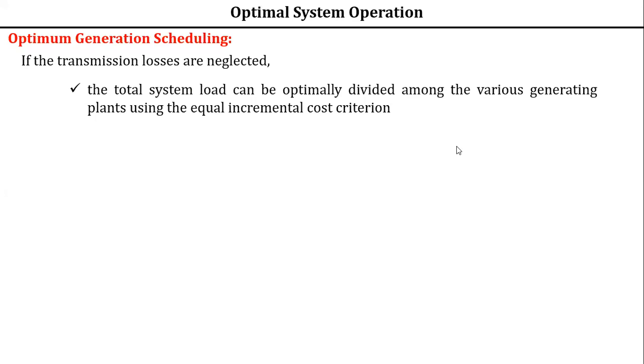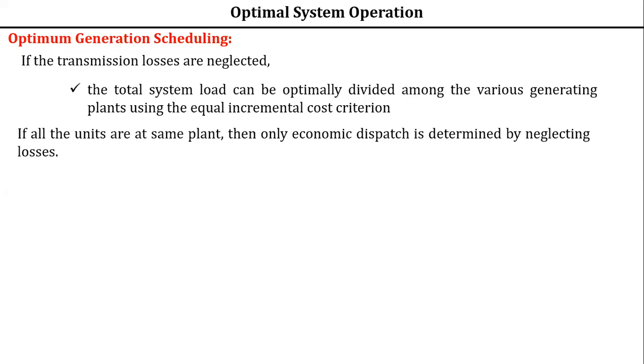This we already studied. Now if all the units are in the same plant, for example the Raichur thermal station, which has 8 units, all the units are at the same plant. Then economic dispatch is determined by neglecting losses, because you are not transmitting over any transmission line, isn't it?